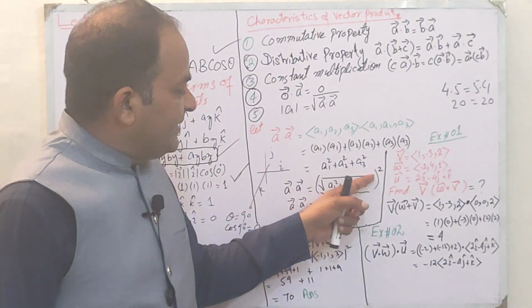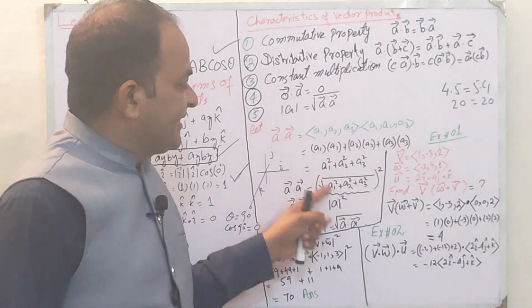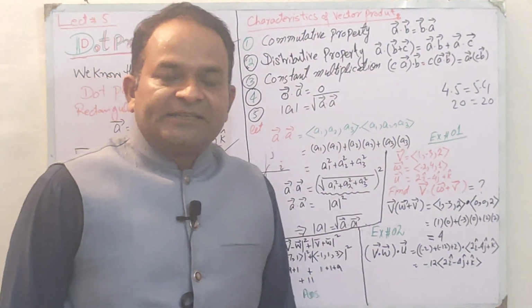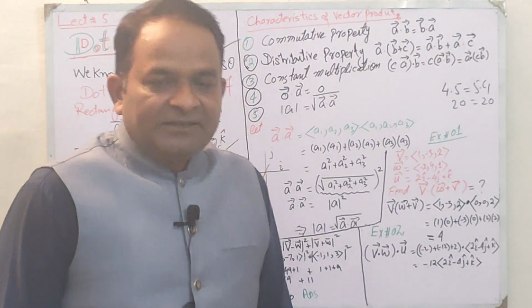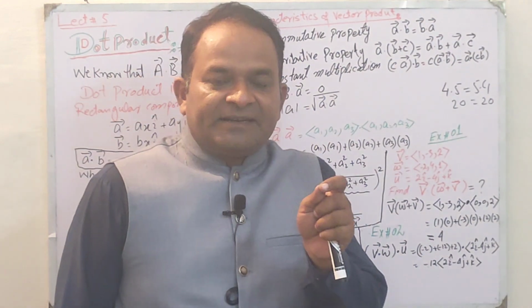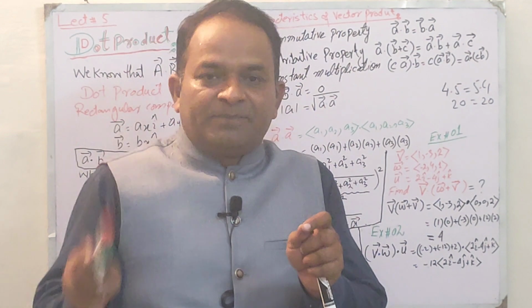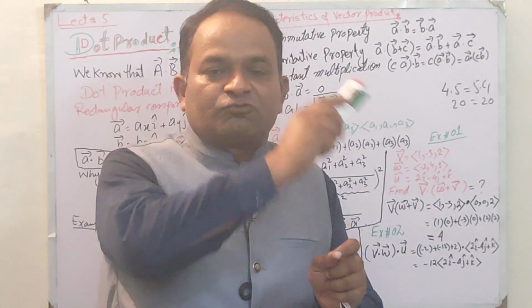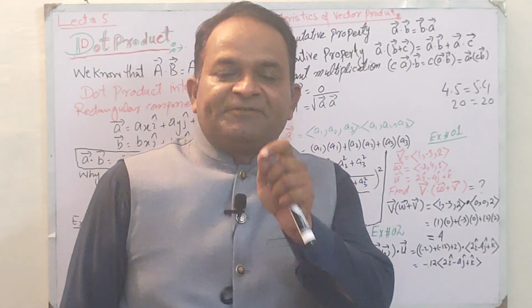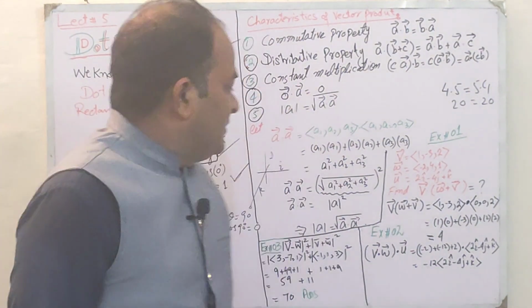So you know that this is the definition of magnitude. If you want to take the magnitude of any vector, you just need to take the x component square plus the y component square plus the z component square, and the square root. This is the definition of magnitude.